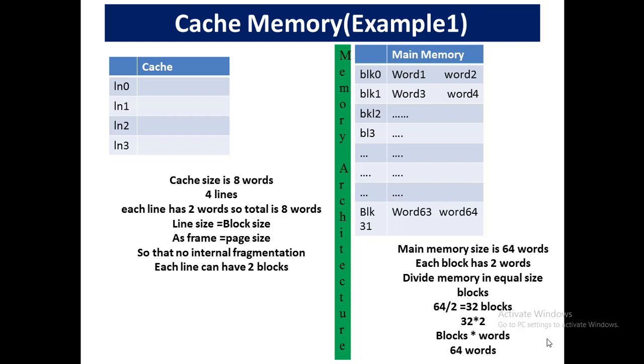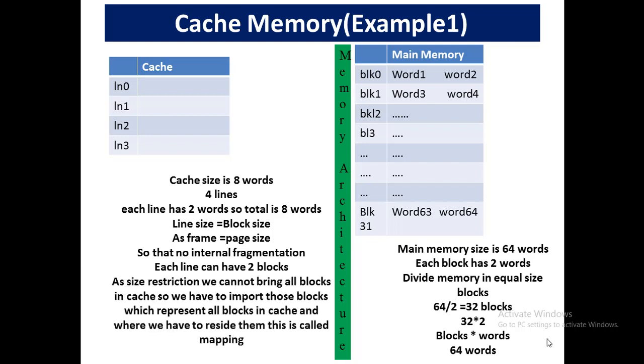Easily the data from main memory can be shifted to cache. Each line can have 2 blocks. We have already discussed that the line size should be equal to the block size. As we save 2 words in a block, in the same way 2 blocks will be saved in the cache line.